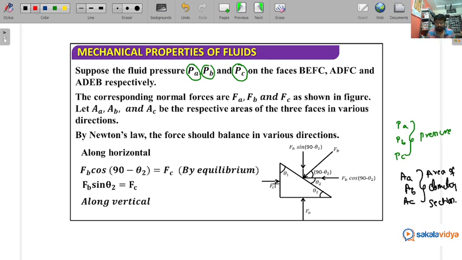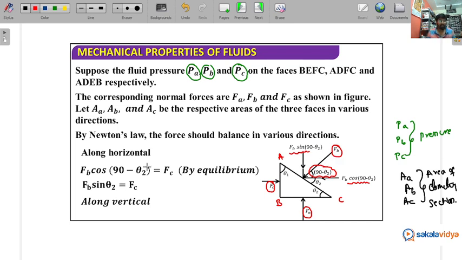FC is going to act on AB, FA is going to act on the face BC, and FB is going to act on AC. If we resolve this FB component, we get two components, that is FB sin theta and FB cos theta, with an angle of 90 minus theta.